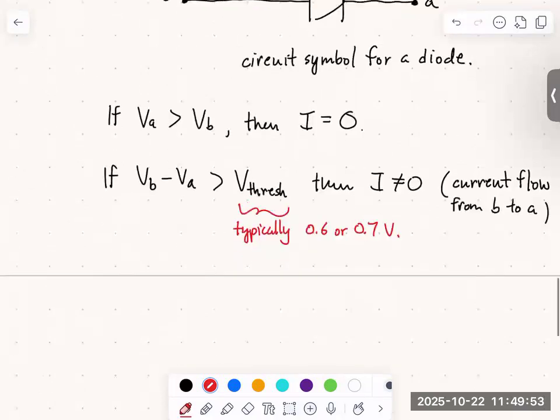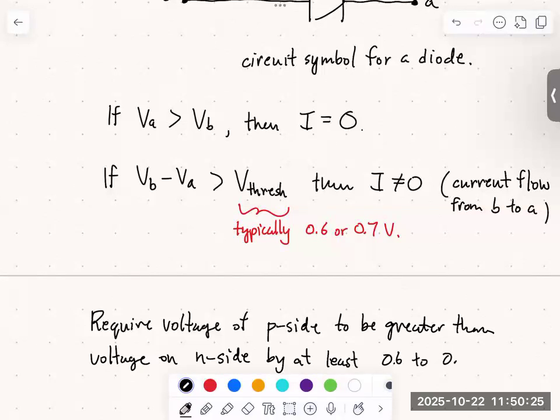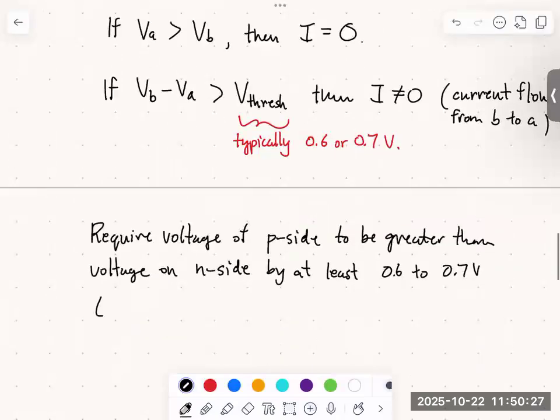So we have to exceed that threshold for VB minus VA if we want to get current to flow. So we require the voltage of the positive side, I'm going to call that the P side, to be greater than the voltage on the N side by at least 0.6 to 0.7 volts, which is our threshold voltage.